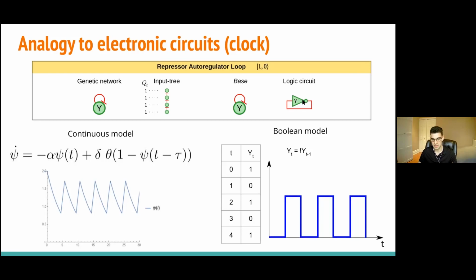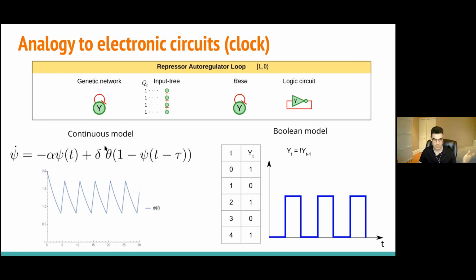There is a state of this NOT gate, and it goes back in. In the Boolean model, it's obvious: the state at moment t is equal to NOT the state at moment t minus 1. So if we start at 1, then we go to 0, then 1, 0, 1, like this. We get this oscillation here.